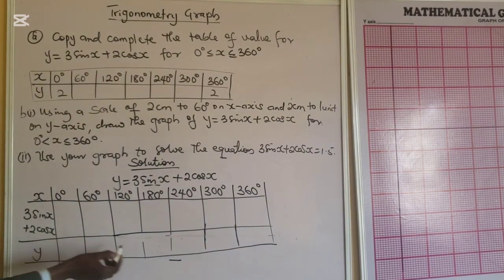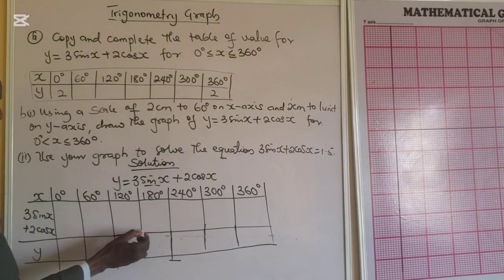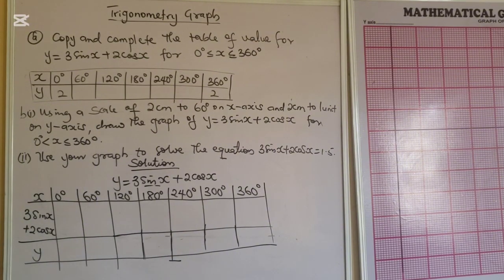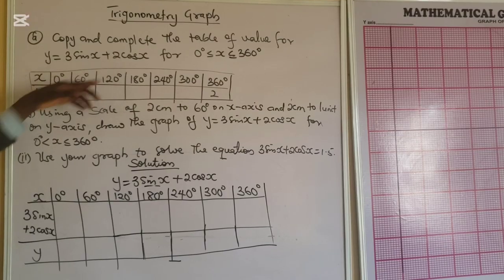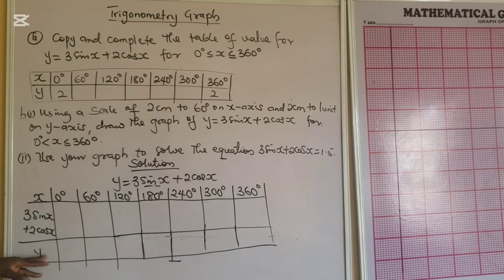All right, here is y. So in your math textbook or for your math teacher, we write this again, y is equal to 3 sine x plus 2 cos x.